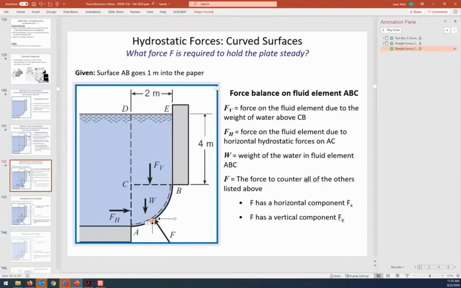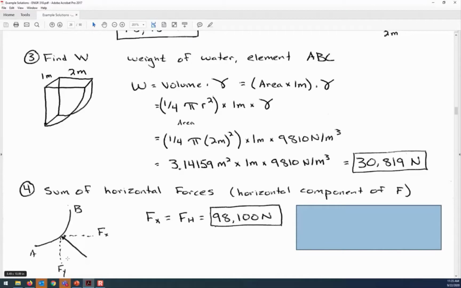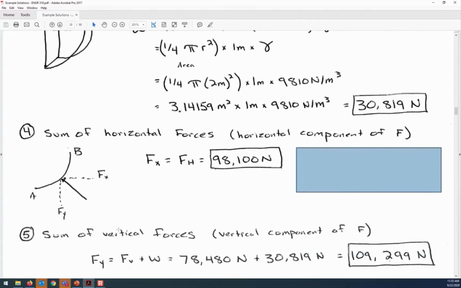All right, now what about the vertical forces, Fy? So it's just going to be the sum of Fv and W. So Fy, how much do we have to push up on that gate? We have to push up on that gate enough to hold the weight of the water that's above it. So it's going to be the sum of the vertical forces.